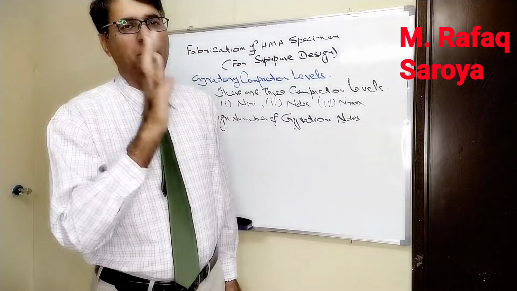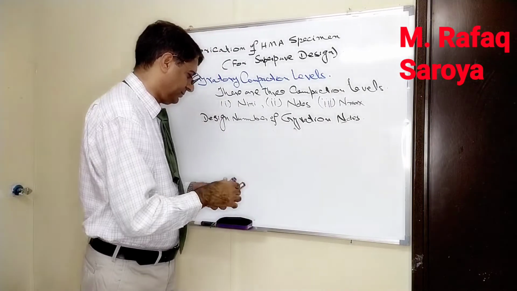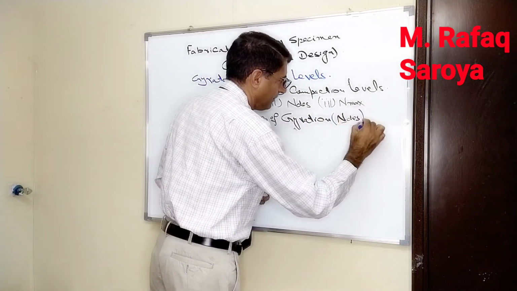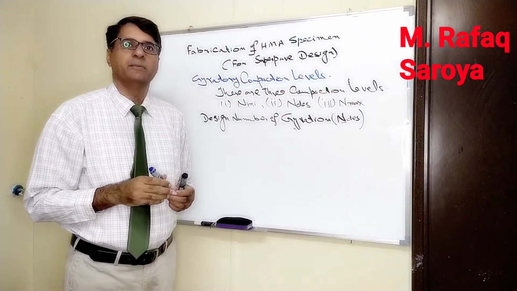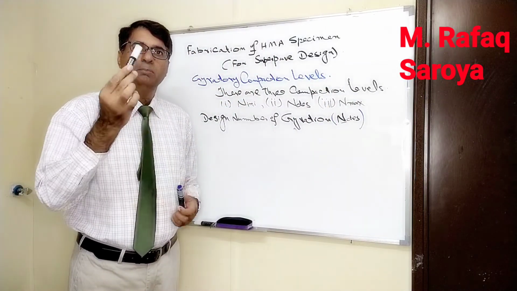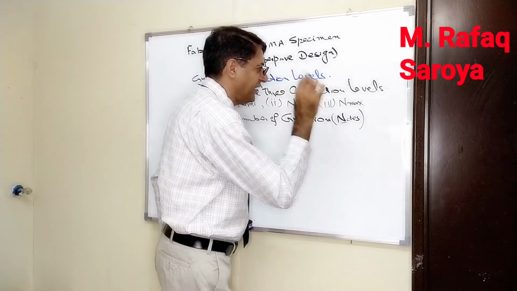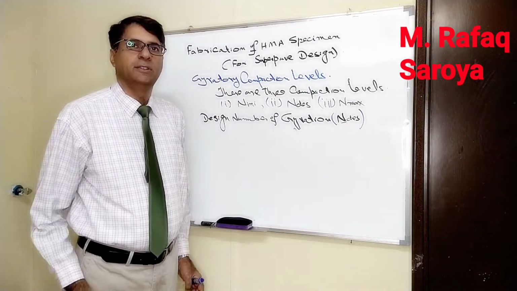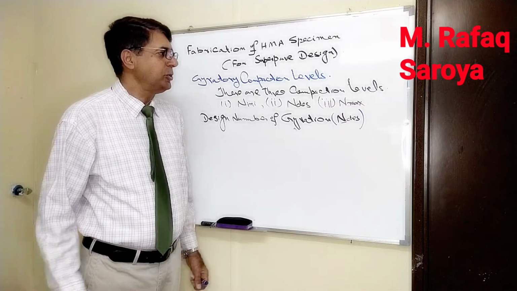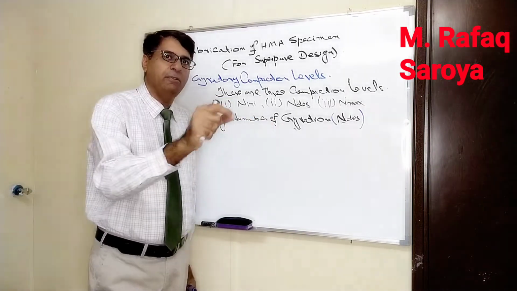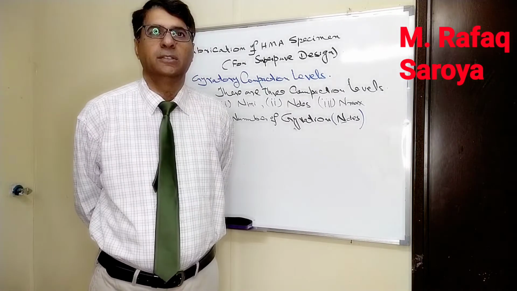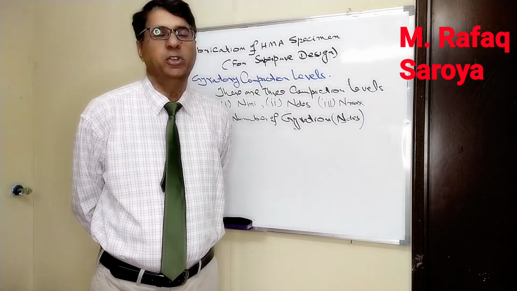Here I would like to tell you one thing. This is my requirement. My requirement in the lab is N design. On the basis of this N design, we have to proceed further. So we can say that it is the number of gyration required for the specimen to reach the target density.